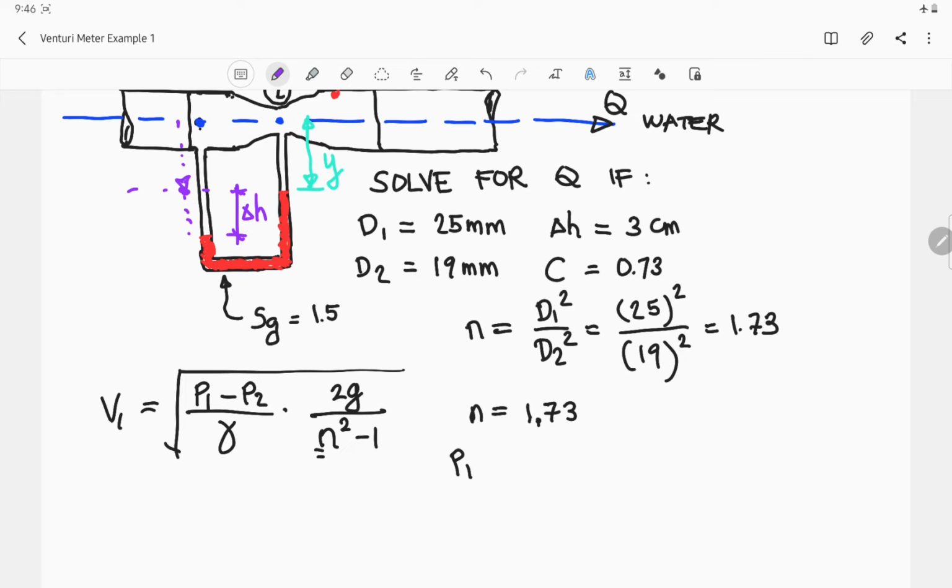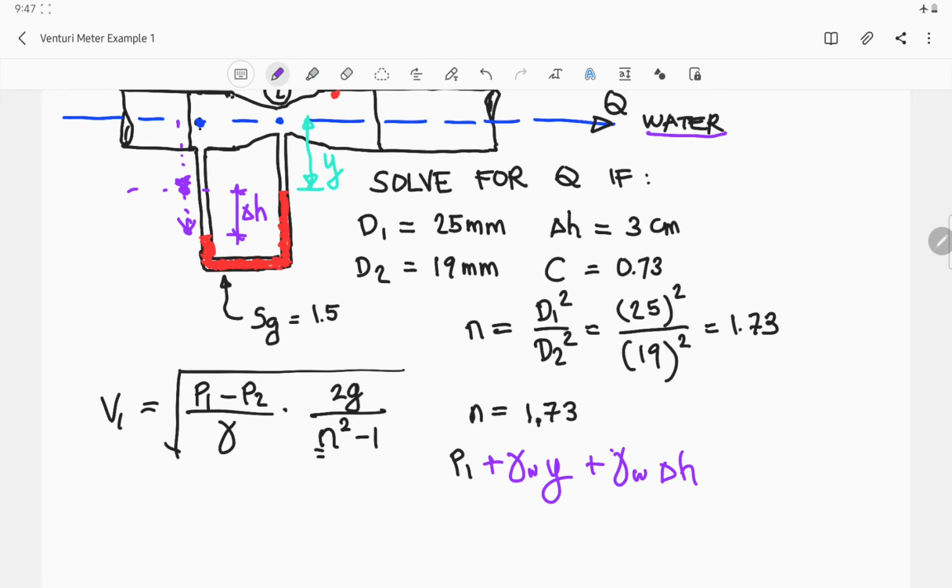So pressure at point 1 plus gamma of water times y. Going downward, then from here going downward further, plus it's still water, so gamma of water times the distance, delta H.